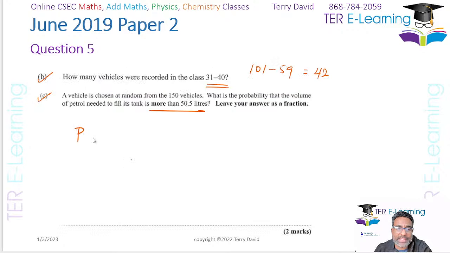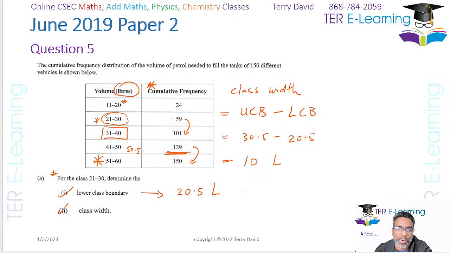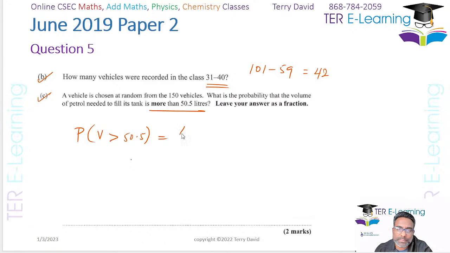So the probability that the volume is more than 50.5 is 150 minus 129, divided by the total number of vehicles, which is 150.